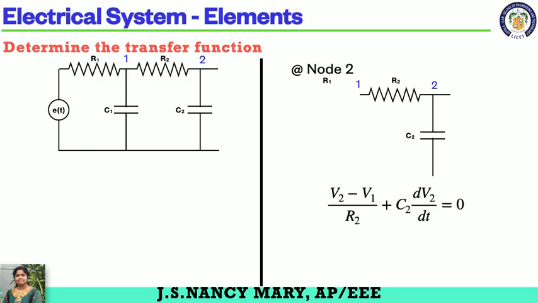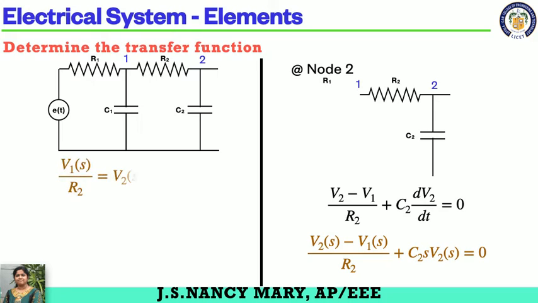So by taking the Laplace transformation, we'll be having V2 of S minus V1 of S by R2 plus C2 S into V2 of S, which is equal to 0. So write the equation, separate V1 of S by R2 equal to V2 of S into 1 by R2 plus C2 of S.